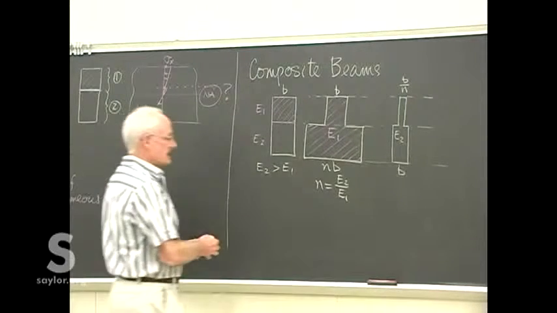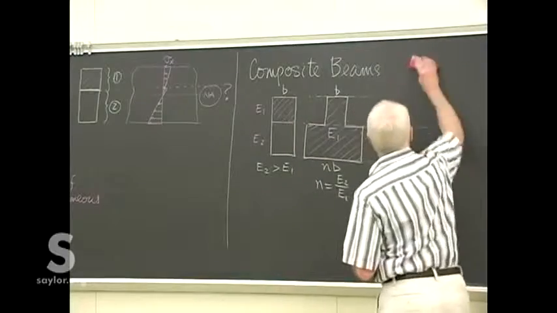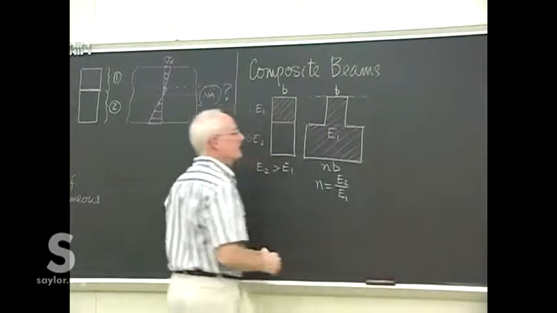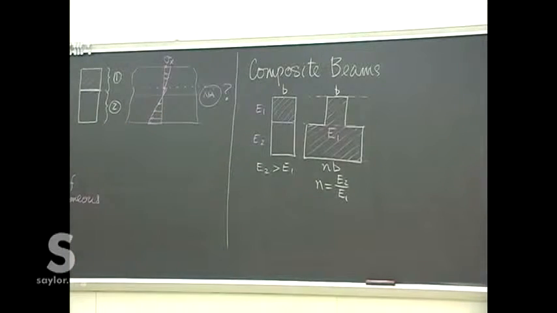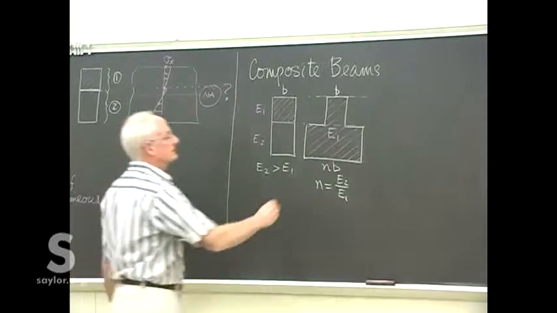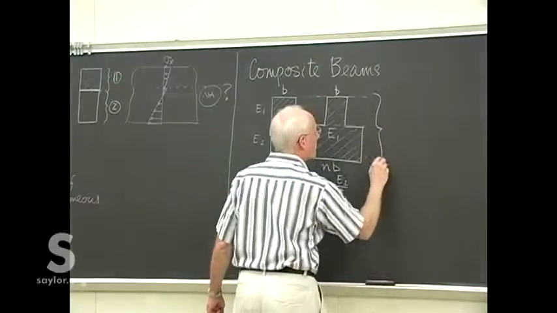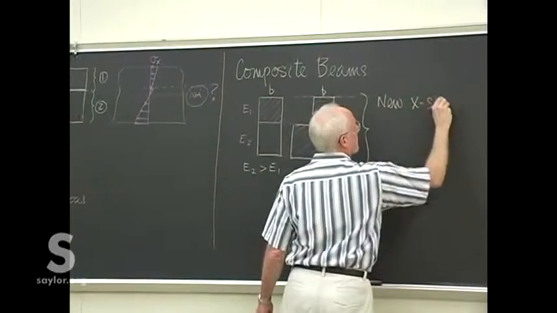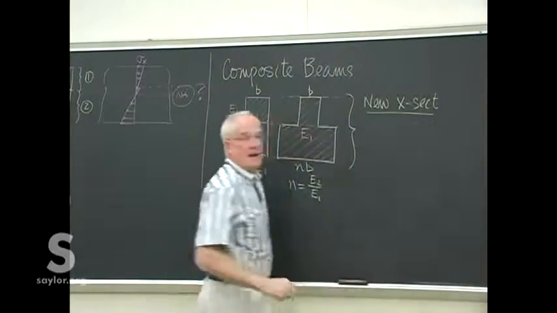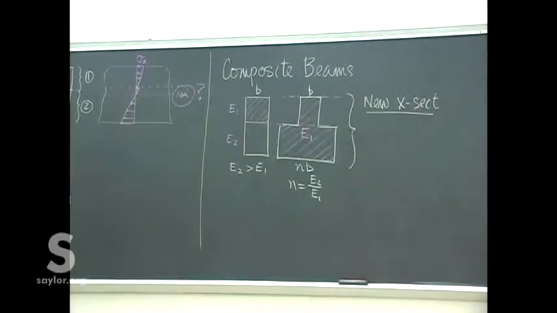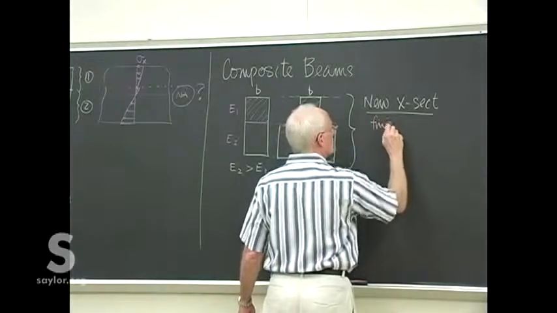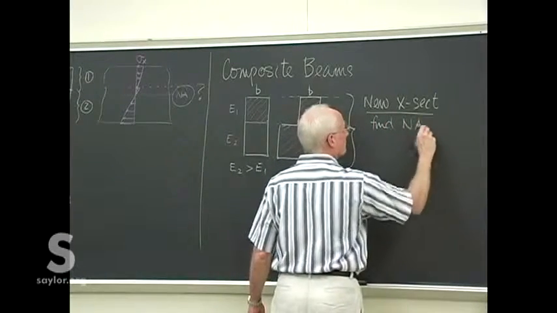Now we take this new cross section. I don't want to do two at once, so I'll erase that one. We take this new cross section and we now find out where the neutral axis is for this cross section.